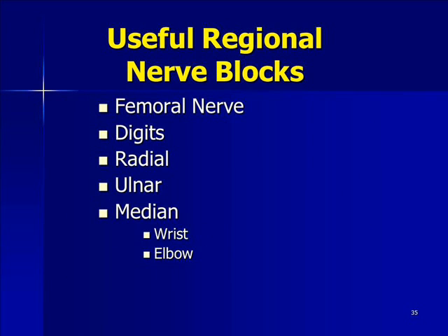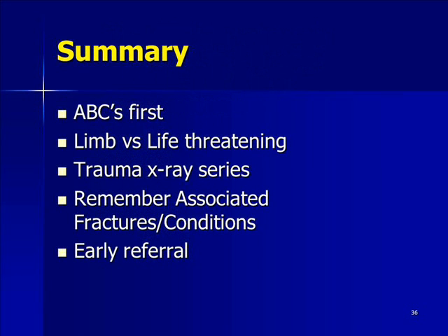Useful regional blocks are recommended for people conversant with the anatomy of this region. Of course, femoral nerve blocks, and you can block the digits by doing lateral blocks at the bases of the digits. Radial, ulnar, median nerve blocks, and the best thing to do to learn about these nerve blocks is to consult the appropriate anesthesia textbooks.